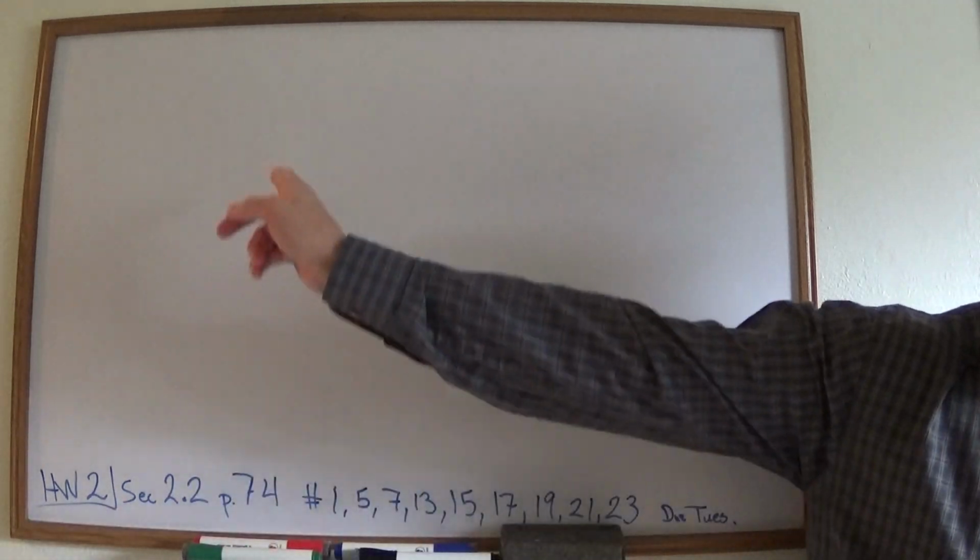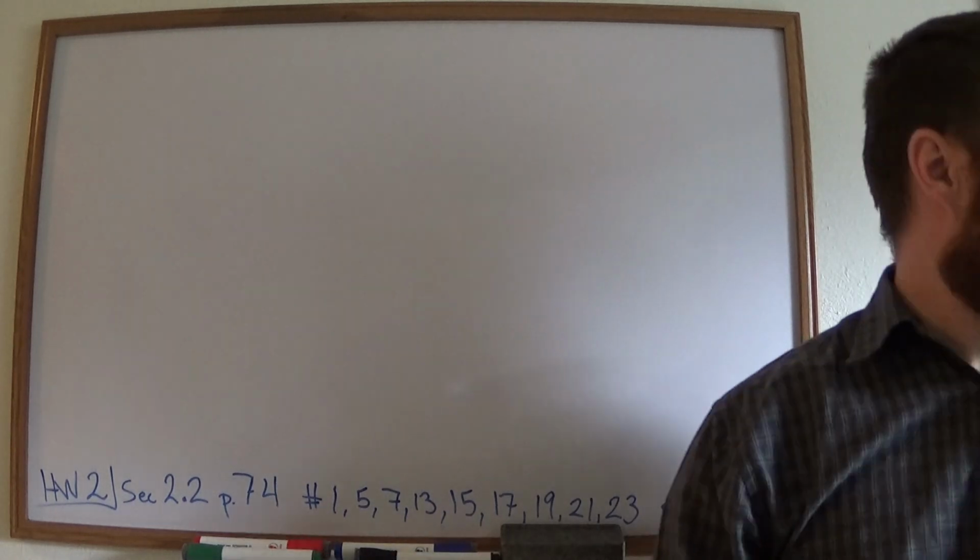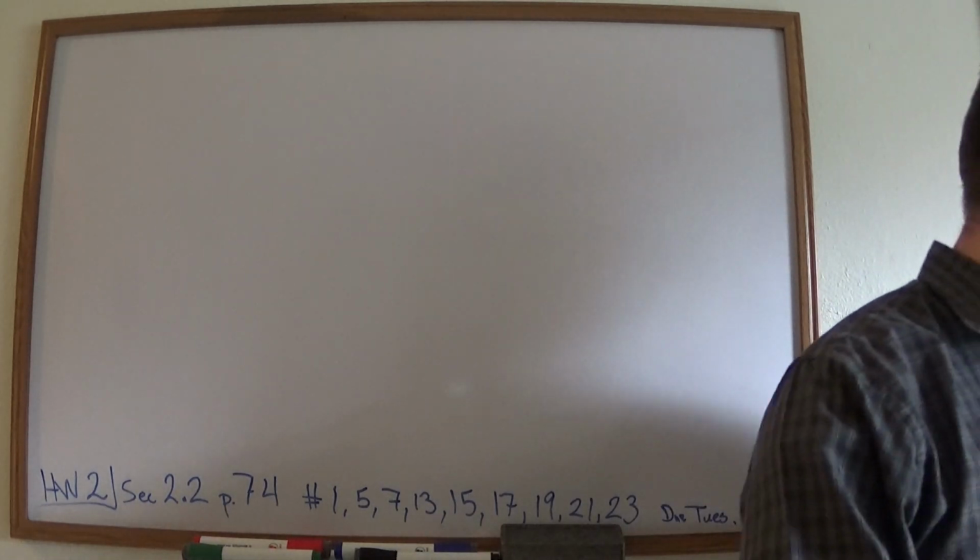Section 1 from this chapter basically introduces the idea that I did last time, the idea of a tangent line and speed, right?